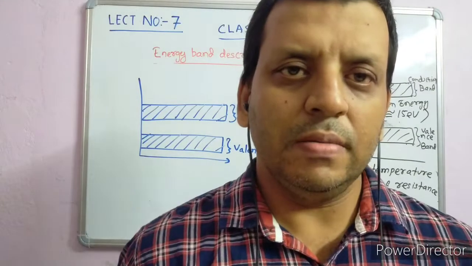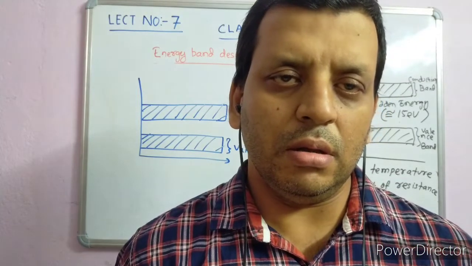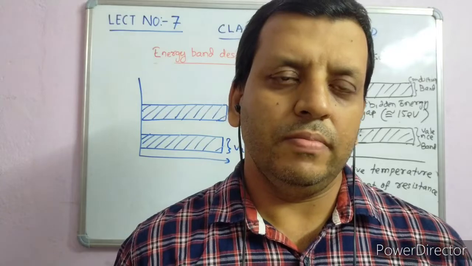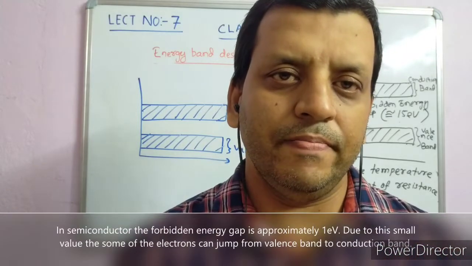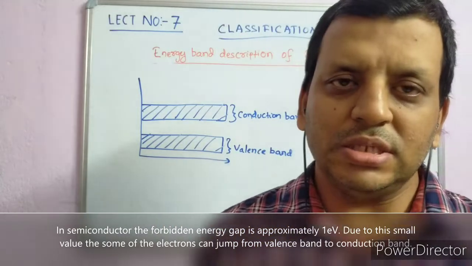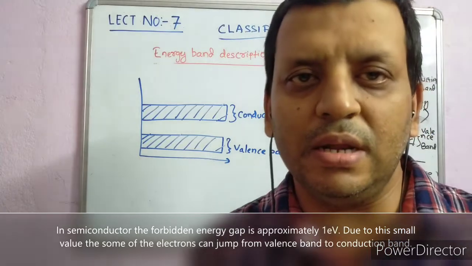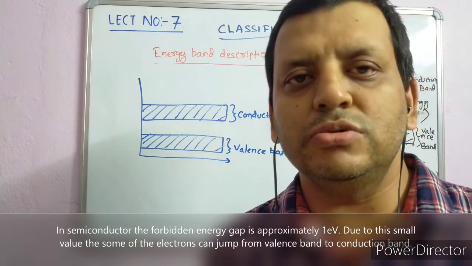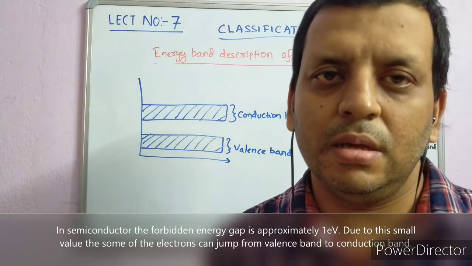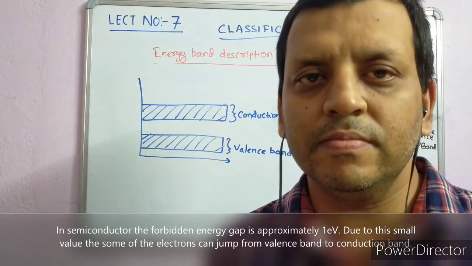We know that a solid can conduct only when the conduction band is filled. Here we can see that the conduction band is not completely filled, it is also not completely empty, but it is more or less empty.